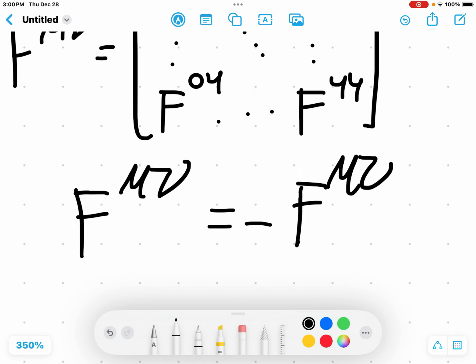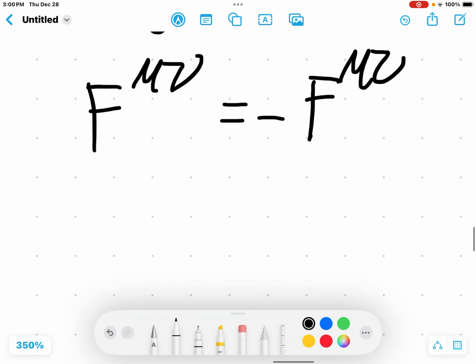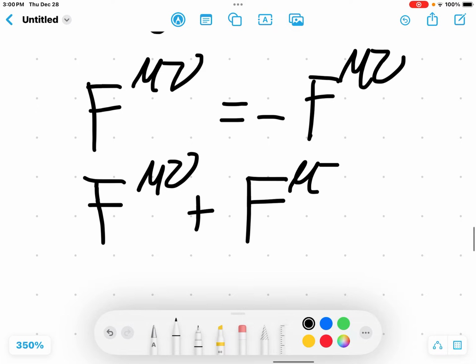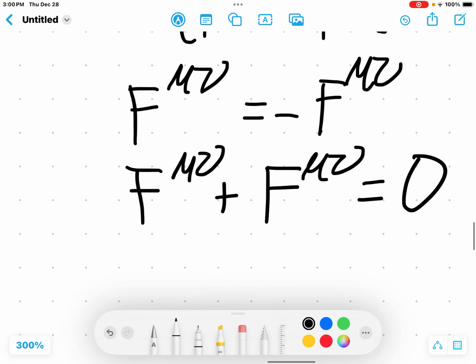That means the diagonals only work in a certain case. When I add them together, they become 0. Transposing this to the other side tells me that F mu nu plus F nu mu is equal to 0, and it only works when the diagonals are all 0. So when we force this requirement, the diagonals are 0, and only 6 off-diagonal components are left.